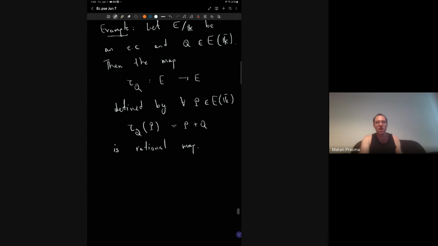So now we have a notion of how to move between elliptic curves, and if I'm about to move between elliptic curves, then I want to be able to compose two rational maps and still get a rational map. This is the next proposition.